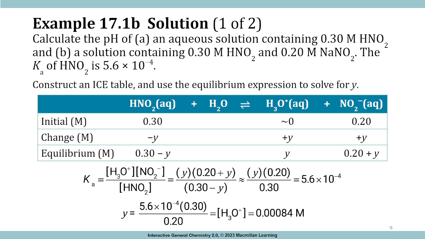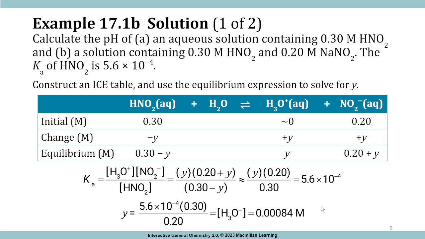So we take our ice table, and we have 0.3 here, same as before. This is still 0, but this number is not 0, is it? No, we start with that right there. And so we start with 0.2 of that. So we're going to go ahead and go minus y plus y plus y so we can differentiate it from the x's and we don't get confused when we look at our notes.